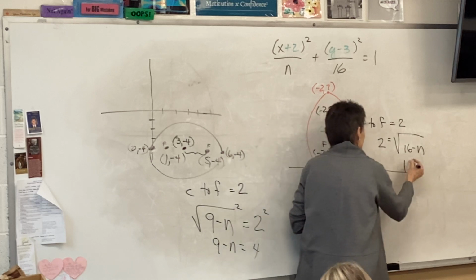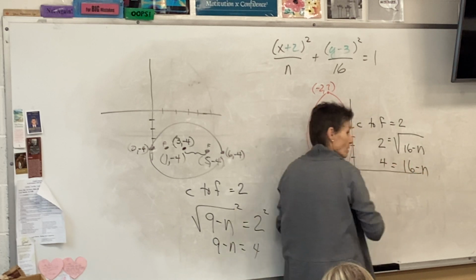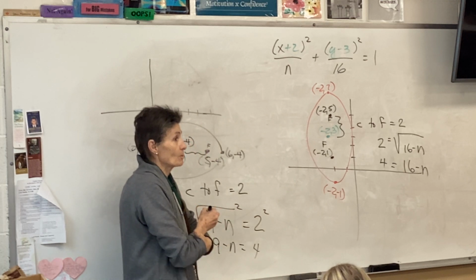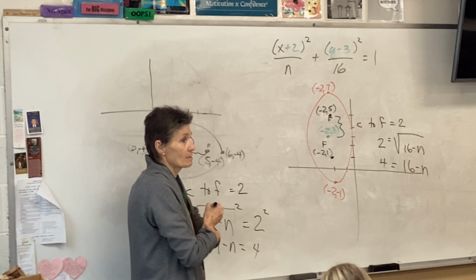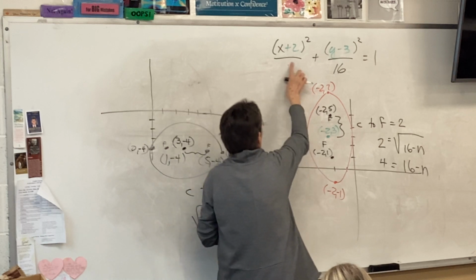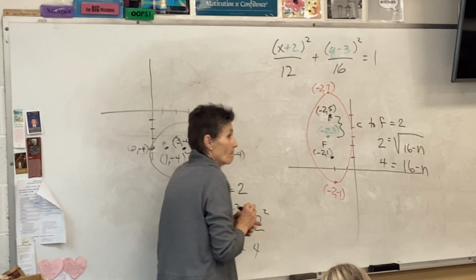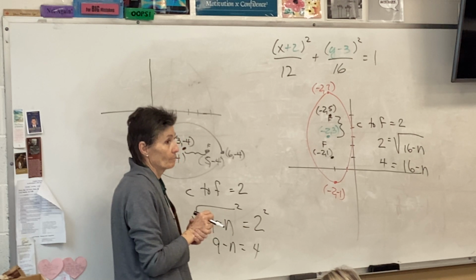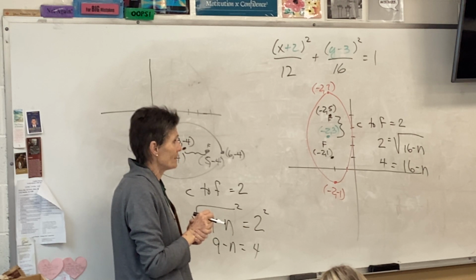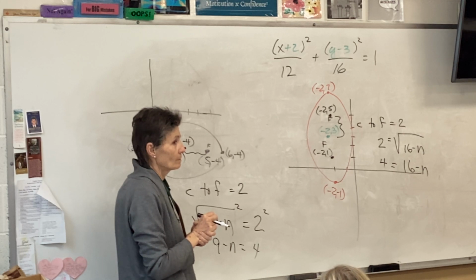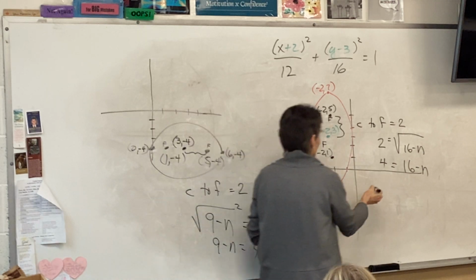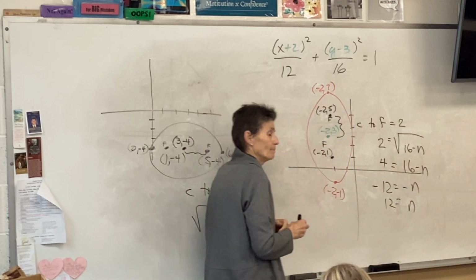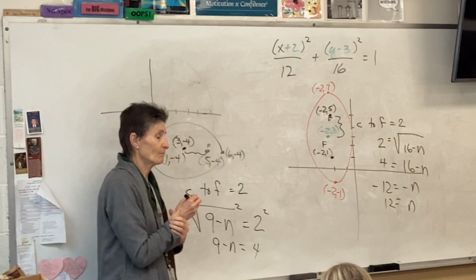So 16 minus n has to be 4. So 16 minus what is 4? So that number is 12. Yep. Would it be 12 or -12? Well, if you were to take away 16, it would be -12. Oh, okay, never mind. Never gonna be negative.